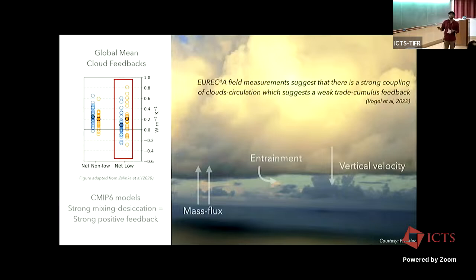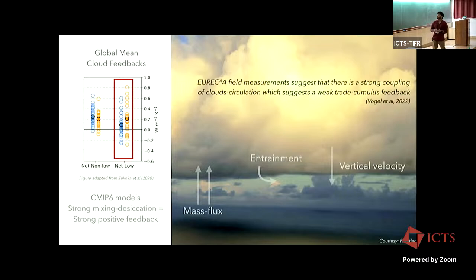So that leads to a drier cloud layer, which means you have fewer clouds, and therefore it leads to more warming, and that's a positive feedback. So if you have strong mixing desiccation, that's a strong positive feedback. And the ones that have weaker values have a weaker mixing desiccation representation in the model.